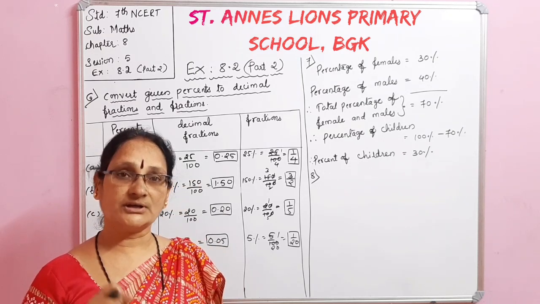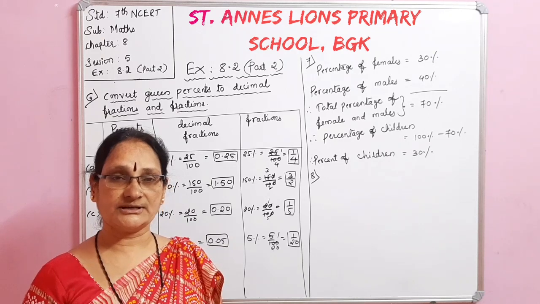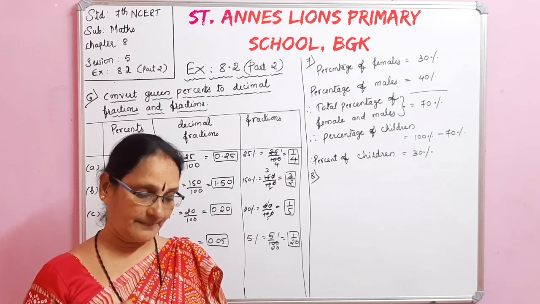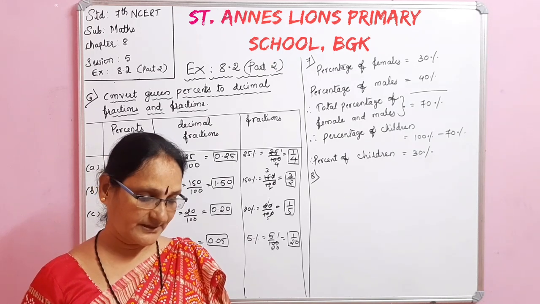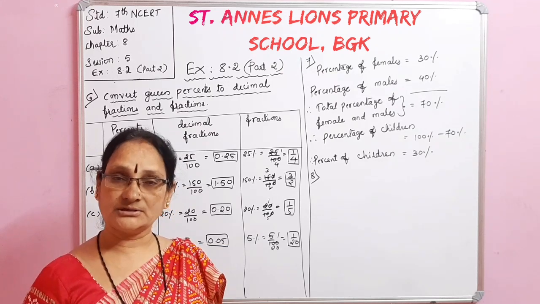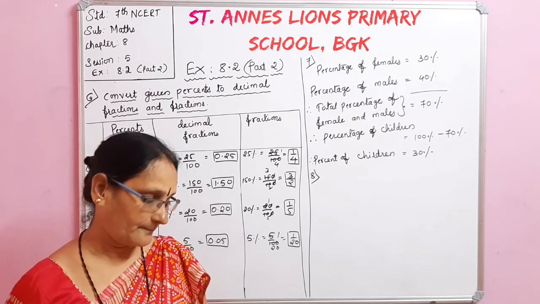They are called voters. Such voters, how many are there in a place? 15,000 are there. In that, 60% of the people voted. Now we have to find out the percentage of voters who did not vote and also the number of people who did not vote.